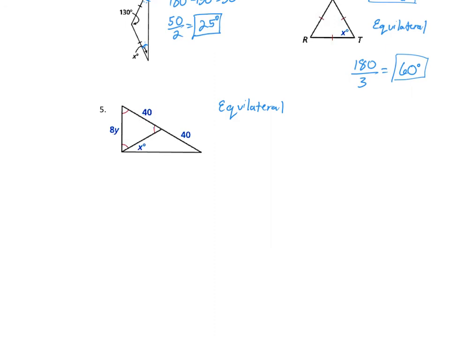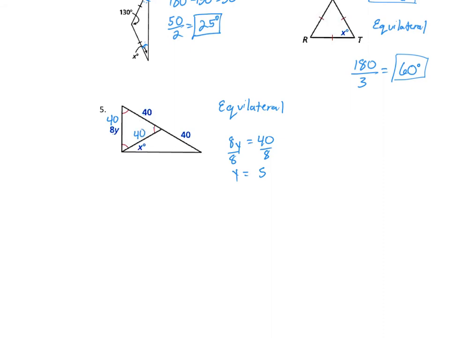If I want to solve for x or y, let's try to figure this out. I know that my 8y has to equal 40 because all the sides are the same. Divide by 8, divide by 8. Y must equal 5. And if this is 40, this also has to be 40.